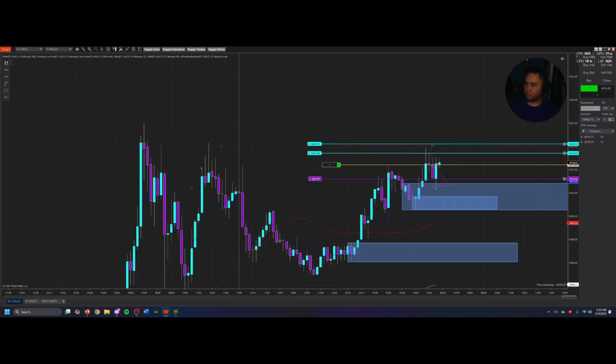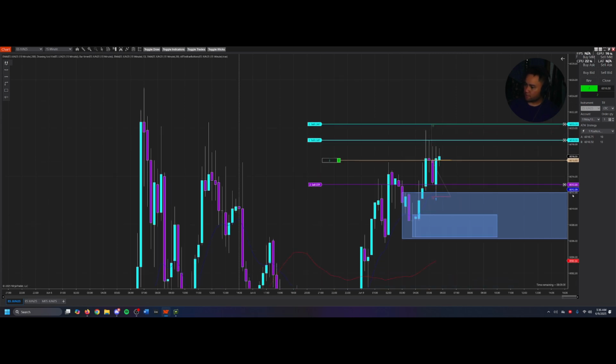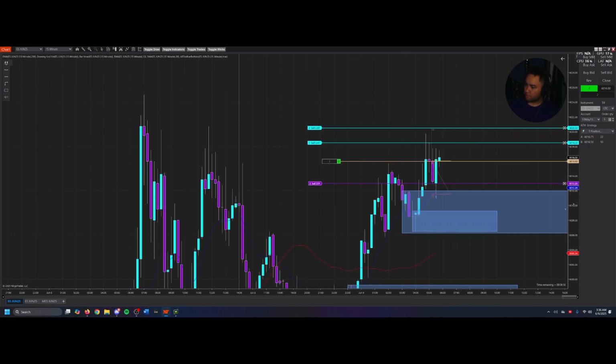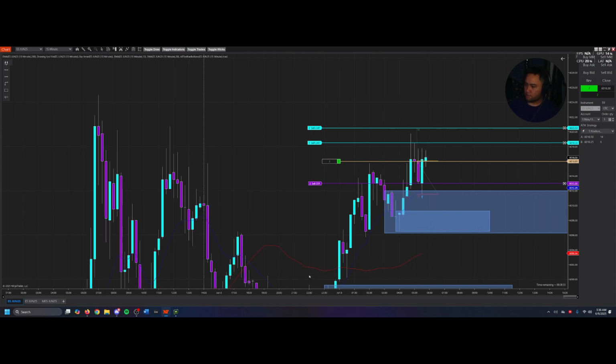Could at least reach these previous highs. Follow market structure. Why is it doing that? Every time it goes up, goes back down. And it stays here. Come on.